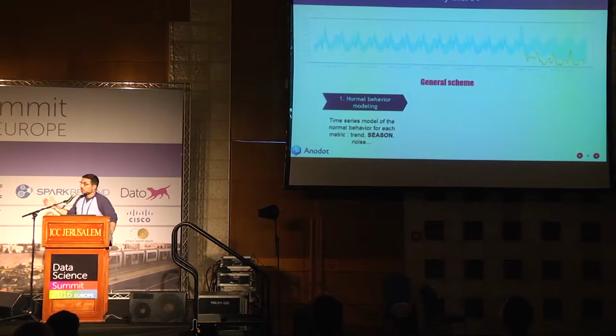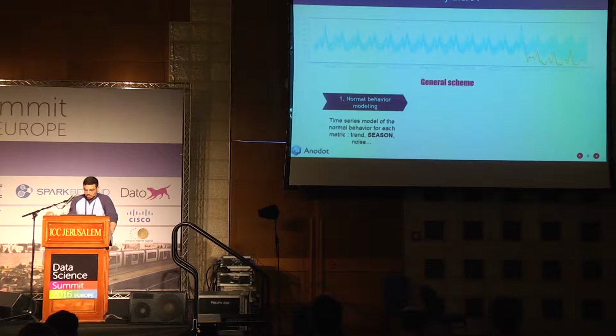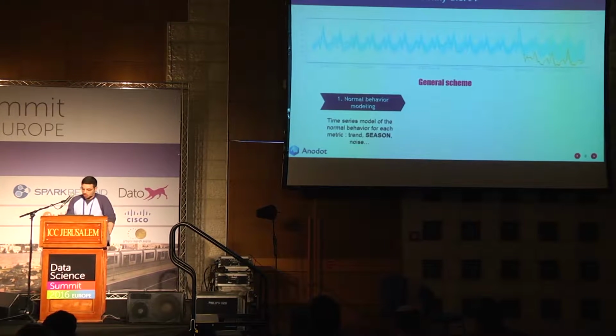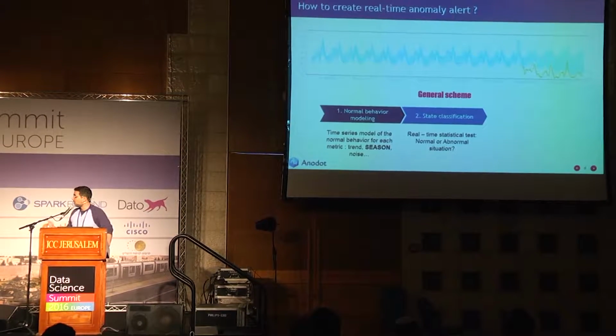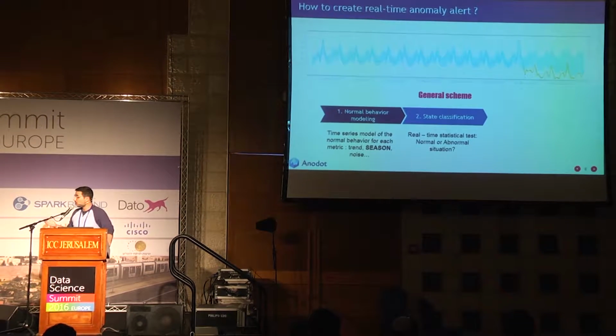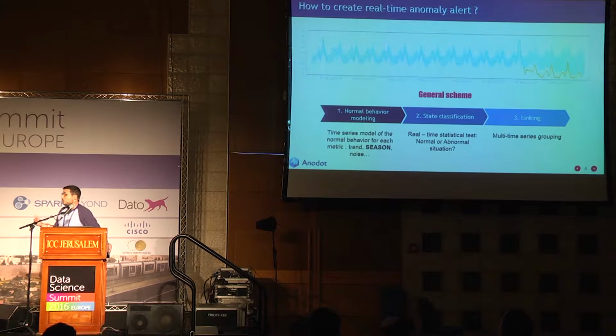In fact, standard time series can be very complex. Since we have the normal model of the time series, we can, in real time, classify whether the state is normal or abnormal. If the state is abnormal, we also group it with other metrics. In this example, we have only one metric.